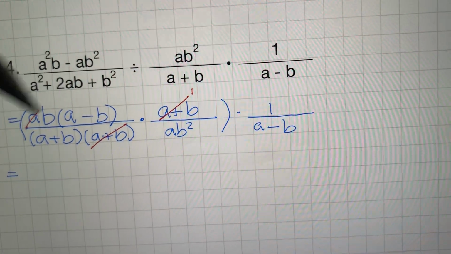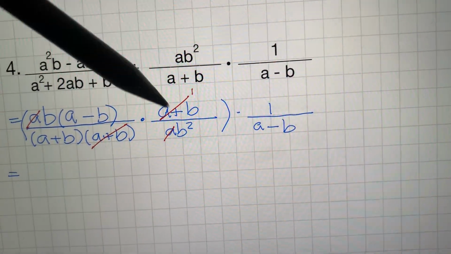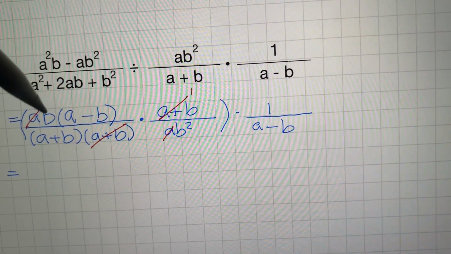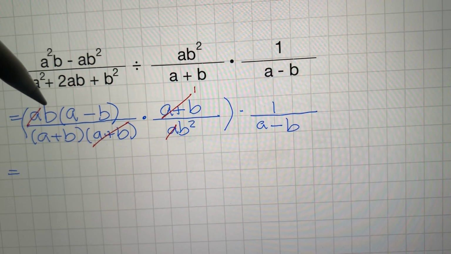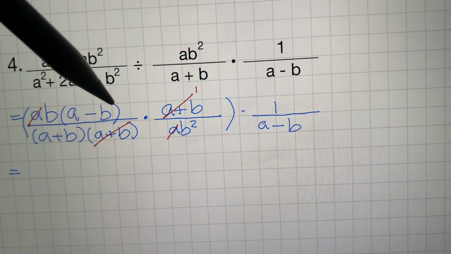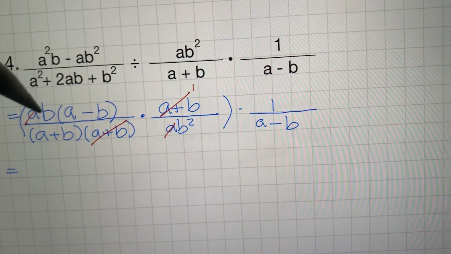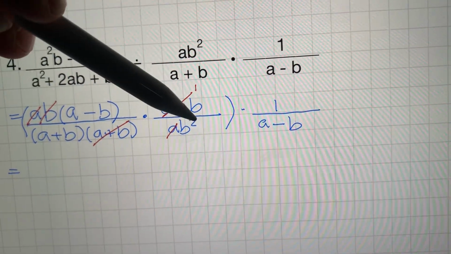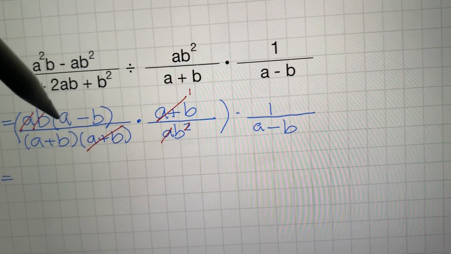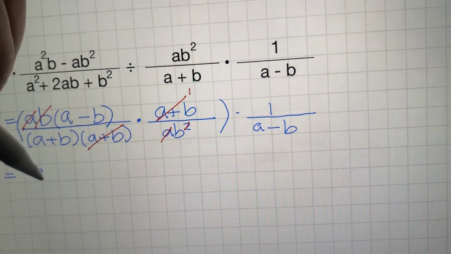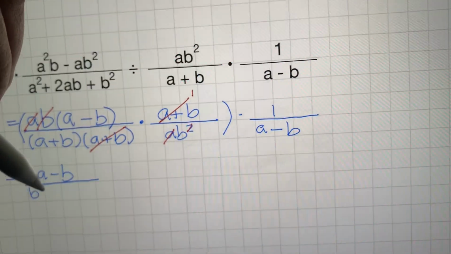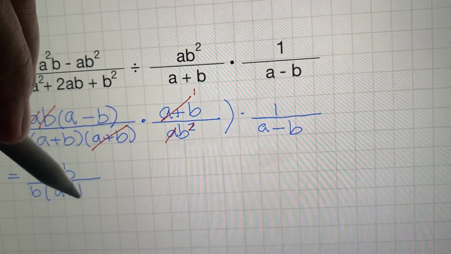Then my a gets canceled here, and then the squared at the bottom, and that means that I only have one b at the bottom. So this b cancels, and I have this one. So my ending result within the parenthesis is a minus b divided by b times a plus b.